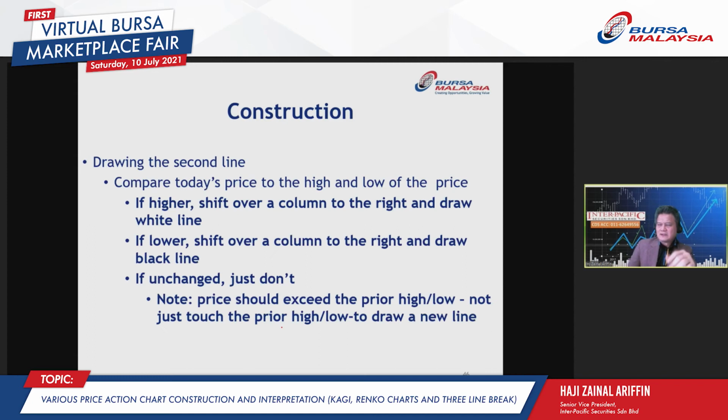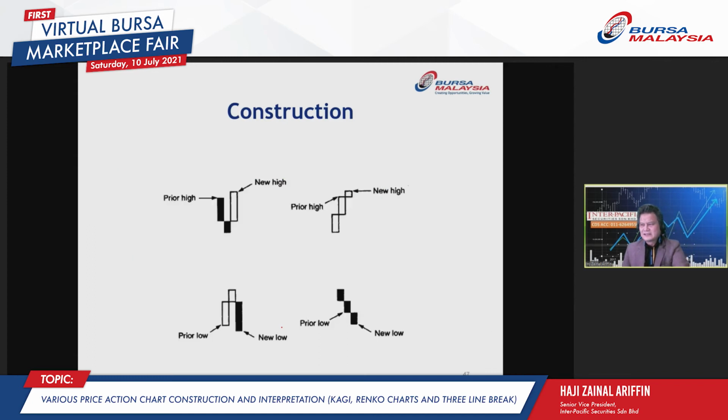Now the next one, the second line. With the second line break of the previous three, only when there is a new high do we draw the white break. If there is still a new high, we draw a new one, meaning there is no reversal.